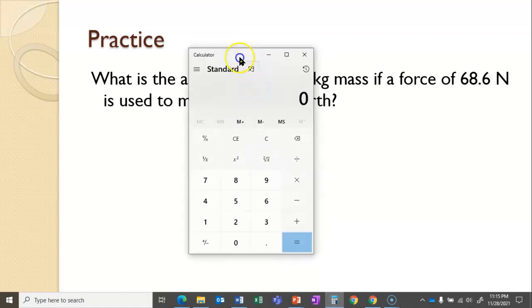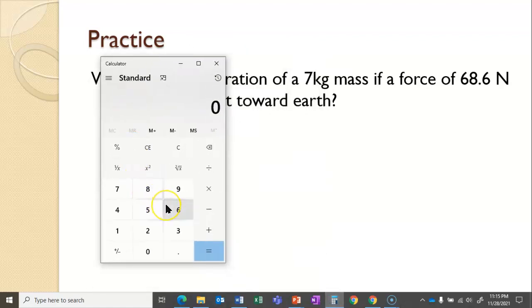Our force is 68.6 kilograms times meters per second squared, also known as a newton, divided by 7 kilograms. The kilograms cancel out, we're left with meters per second squared, and the answer is 9.8. So 9.8 meters per second squared is our acceleration.